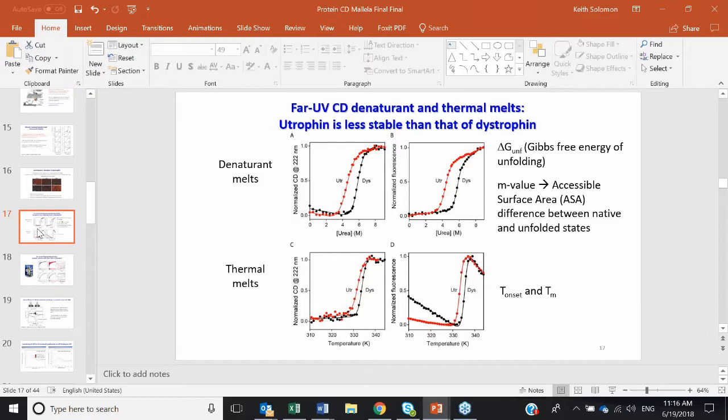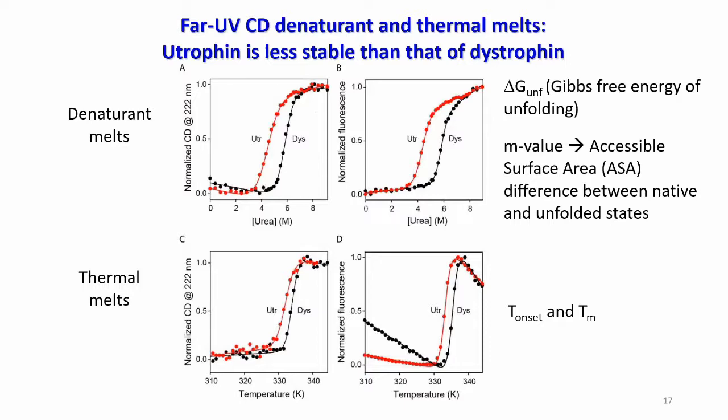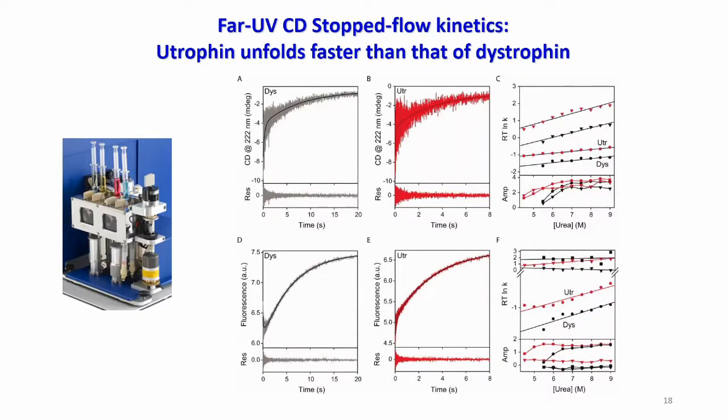And also here, in the case of utrophin and dystrophin, the melt shows a sigmoidal melt, but you see the unfolding kinetics. If it is a perfectly two-state protein, it should have only a single unfolding rate. The fact that utrophin shows two unfolding rates and dystrophin shows two unfolding rates when we measure by circular dichroism, as well as when we measure by fluorescence, clearly shows this protein is not a two-state folder.